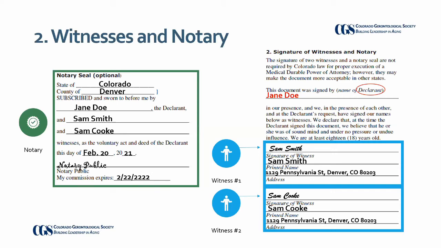So please do not worry about that because I do get that question quite often. So know that your document will continue to be valid even if that notary's commission expires. Basically, as long as that commission is up to date when the form was completed and signed, you will be fine.